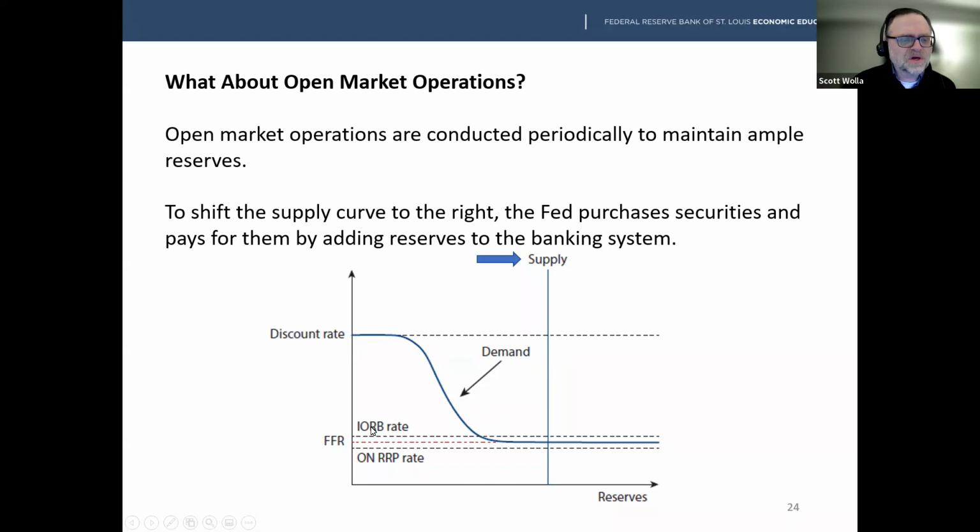And as it did so, it would make it difficult for the Fed to control the federal funds rate with its other policy tools. And so the Fed uses open market operations occasionally just to make sure the supply curve stays in this flat portion.